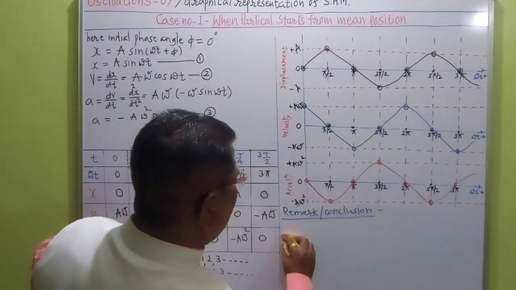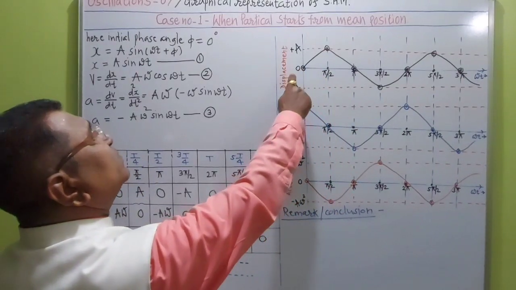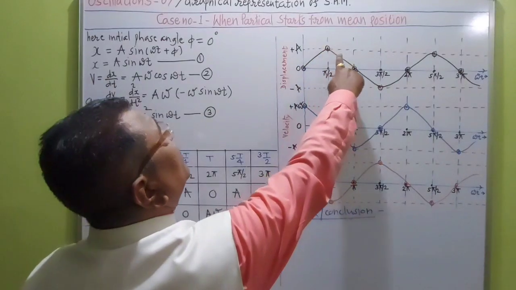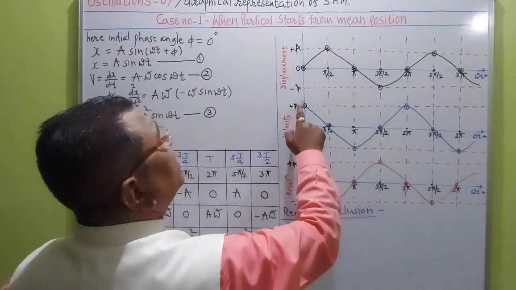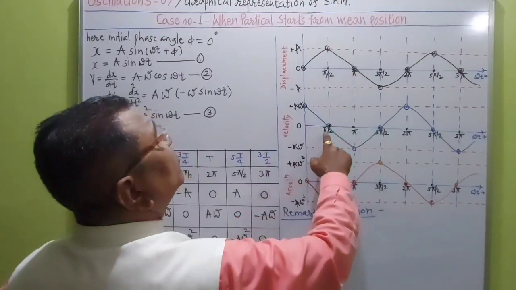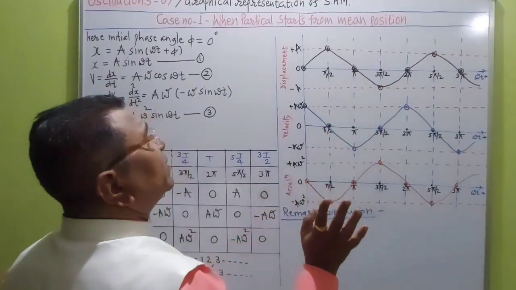What is the fourth remark? See here. What is the phase difference between displacement and velocity? Displacement touches the axis at pi, while velocity touches the axis at pi by 2. Pi minus pi by 2, we get pi by 2.